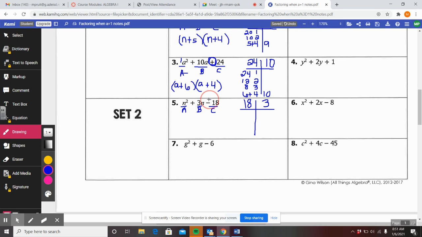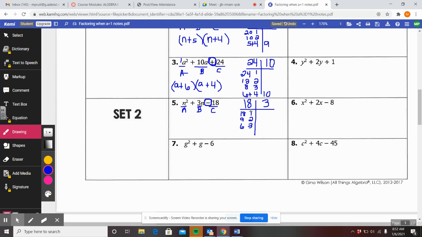So here's where the sign comes in. When it was positive, what we did was we added the factors. When it's negative, we're going to subtract them, okay? So let's factor 18. 18 and 1, 9 and 2, 6 and 3.